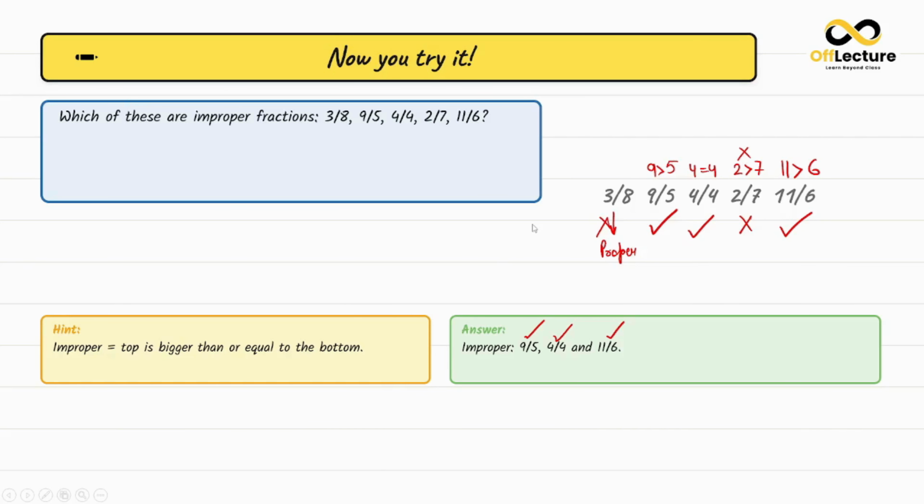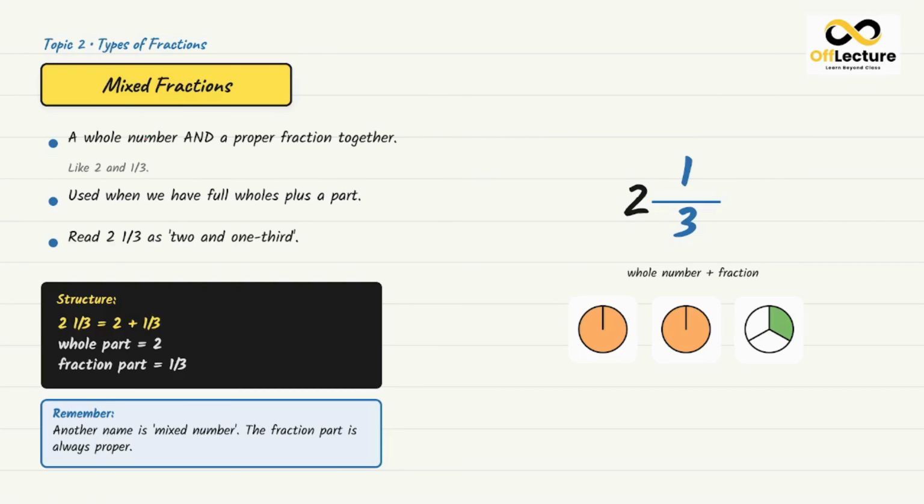Now let's move to the next part, which is mixed fractions. What are mixed fractions? A mixed fraction has a whole number and a proper fraction together, like 2 and 1 by 3.